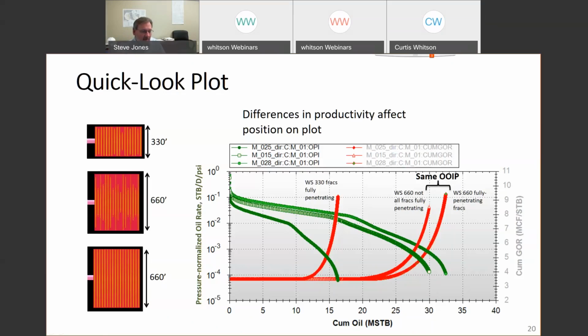You have to take into account whether there's a difference in productivity as well. But the reason I call them quick look is because you can quickly look at them and get an idea how much oil or gas in place a well is accessing. It's a great way to rank wells in terms of what their EURs are going to be, although the shape of the curves can change over time, especially if you're comparing infills to parent wells, which I'll get into a little more later.